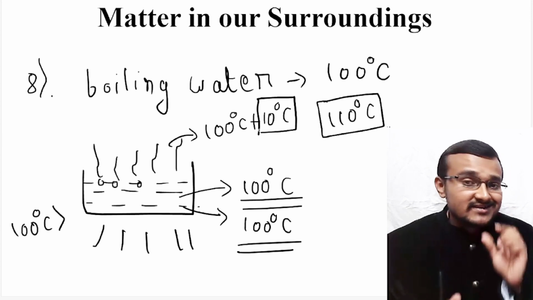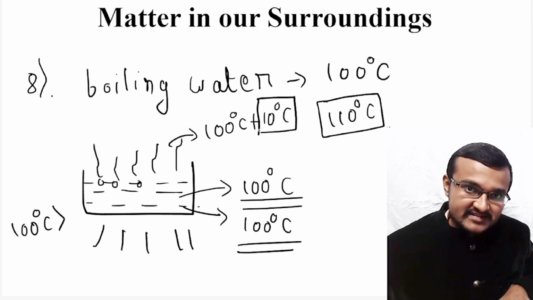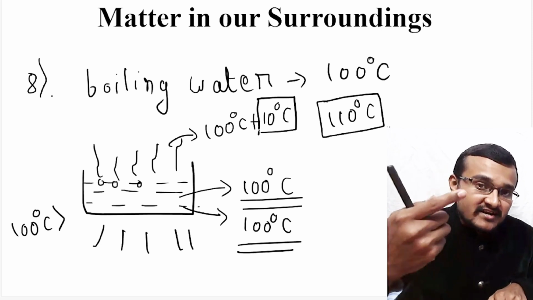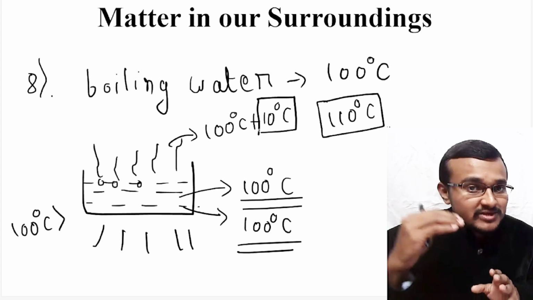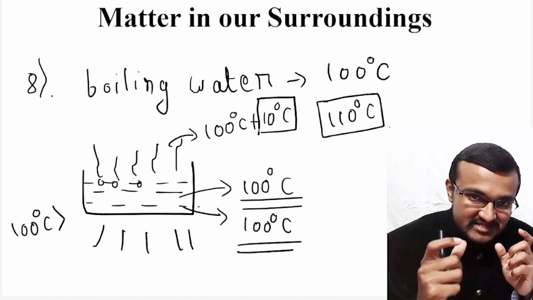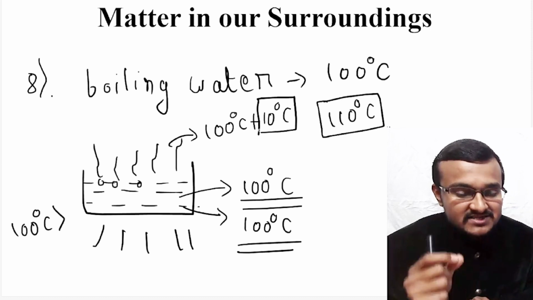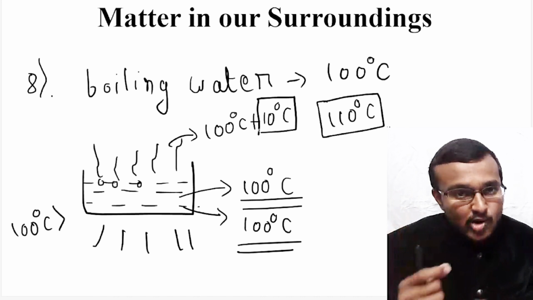That means this steam will have that 100 degrees Celsius and also the extra heat, that is, the extra 10 degrees Celsius will also be there along with that 100 degrees Celsius. Hence the temperature of steam is more than 100 degrees Celsius. Hence steam will be much hotter compared to the boiling water.